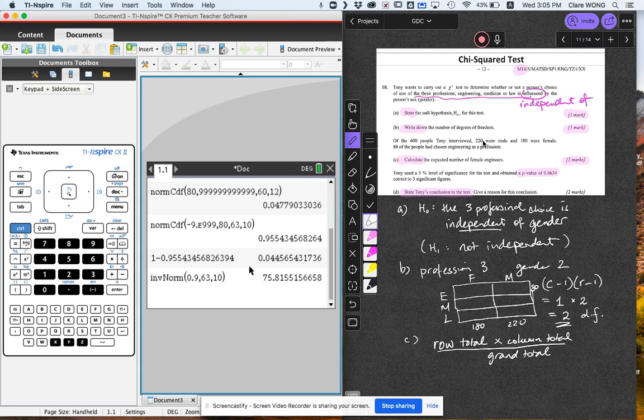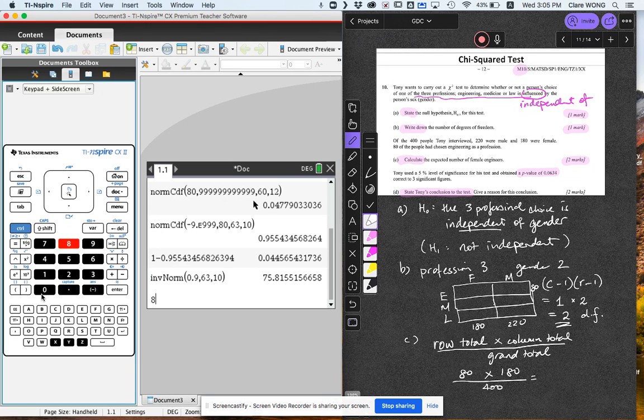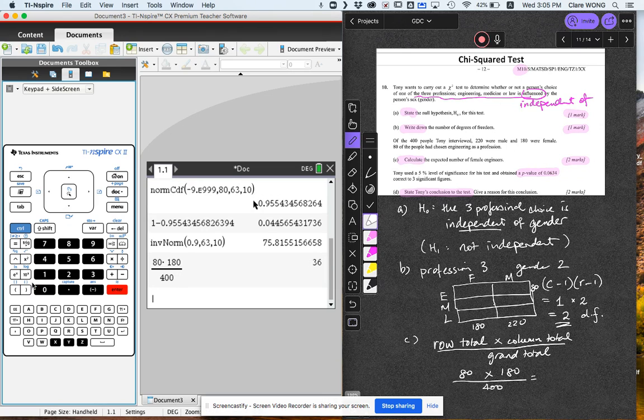So for the female engineers, the row total is 80 times the total number of female, divided by the total number of people in the interview. So you do 80 times 180 divided by 400. So you expect to have 36 female engineers.